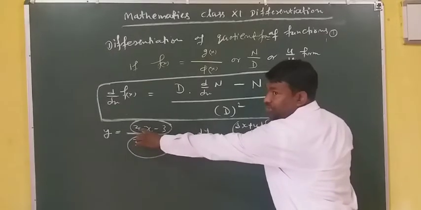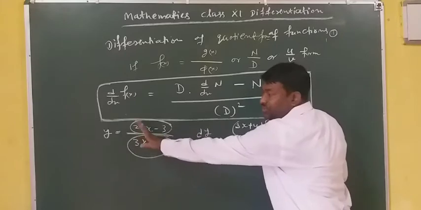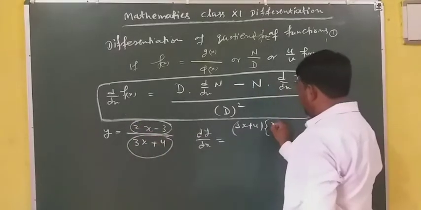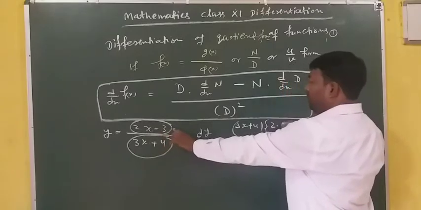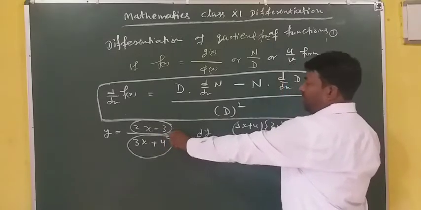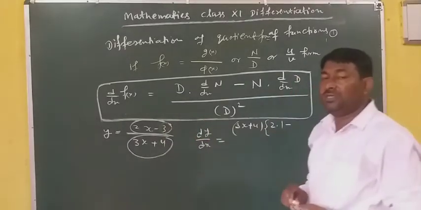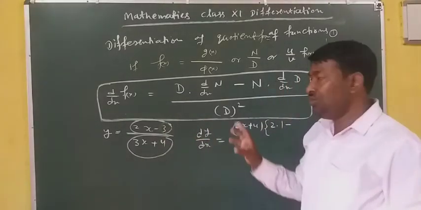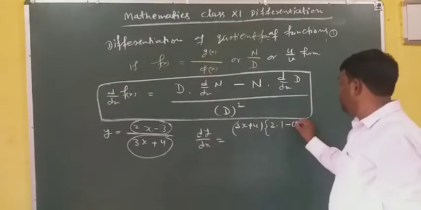Here 2 is in product with the variable, where 2 is a constant, so you can take it out. 2 into the differentiation of x, which is 1, so 2 into 1, minus the differentiation of this 3. This 3 is a constant term which is totally separate, that's why its differentiation will be equal to 0.